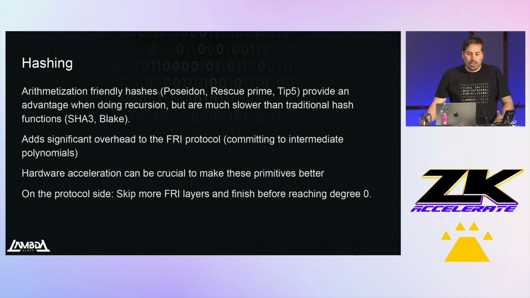Of course, maybe with some help from hardware acceleration or specialized instructions, we can get much better with these hashes, which especially contribute to a significant overhead in the FRI protocol. Of course, what we can do in the FRI protocol to avoid all these commitments is try to skip layers, which means committing to every second or third layer, for example, reducing the amount of hashes the prover has to do.